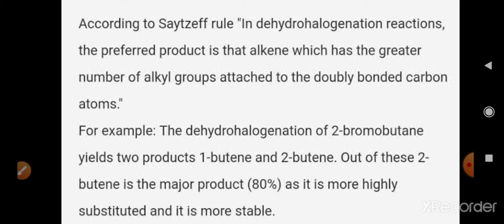That means the formation of the major product, or the stable product, depends upon the number of alkyl groups bonded with the doubly bonded carbon atoms; it decides the stability or the majority of the product.